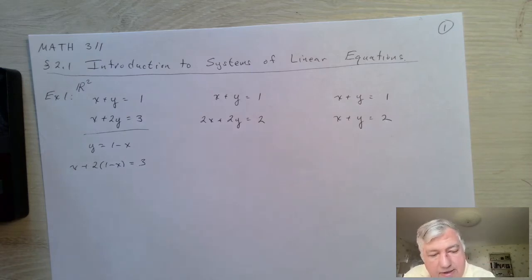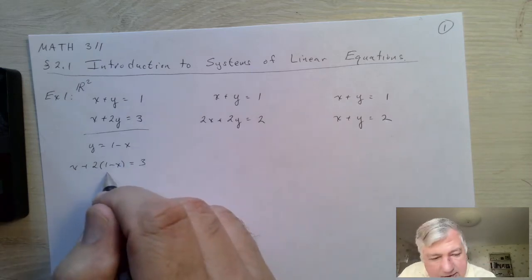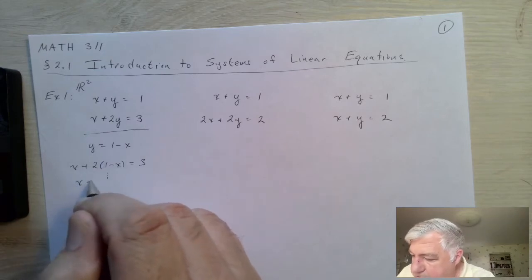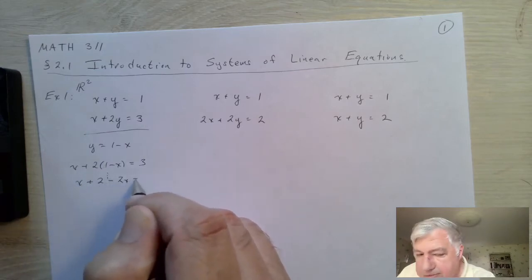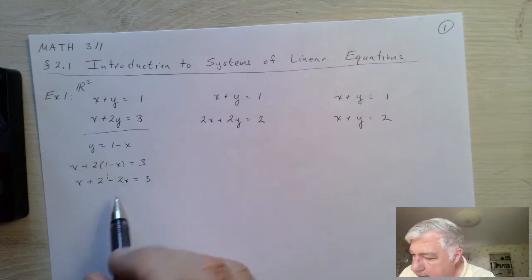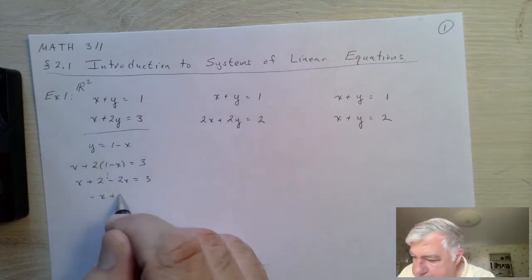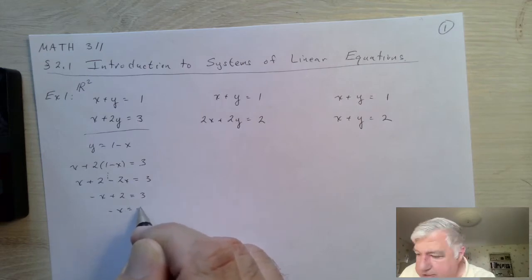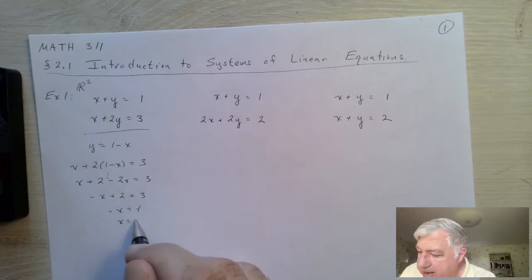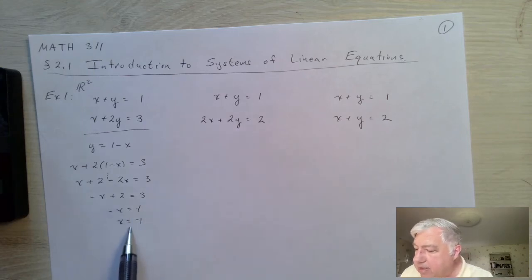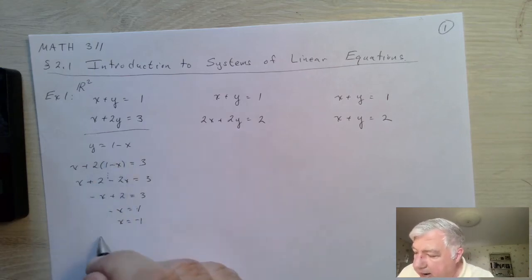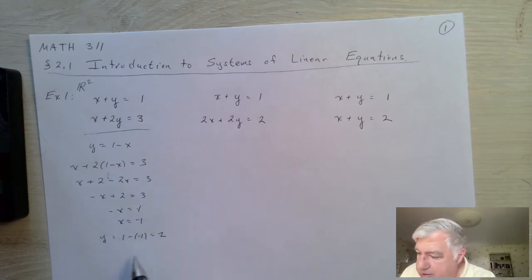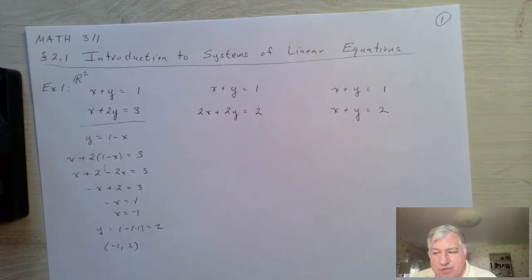Then x plus 2 minus 2x equals 3, so this would be minus x plus 2 equals 3. Minus x is 1, so x would have to be negative 1, and then plugging in negative 1, y would be 1 minus negative 1, which is 2. So we would get the point negative 1, 2, and sure enough, that would be our point of intersection.